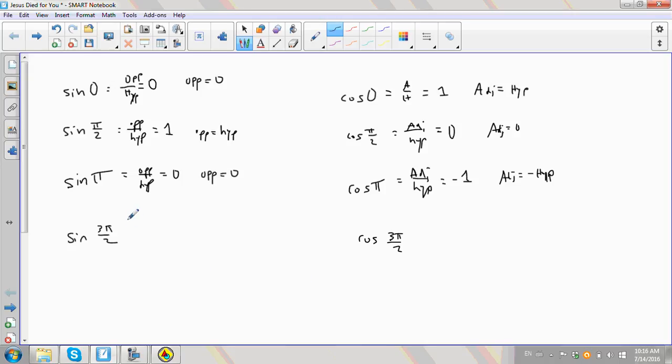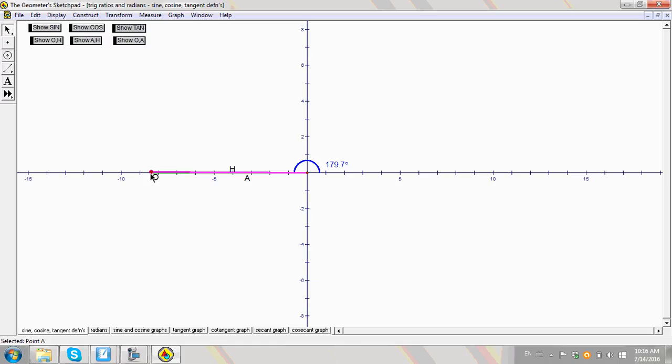And now I should be able to blitz through the sine and the cosine of 3 pi halves, because at this point you're probably catching on. Okay, so 3 pi halves, notice this time it's the O and the H that have the same magnitude, but now it's the O that's negative.